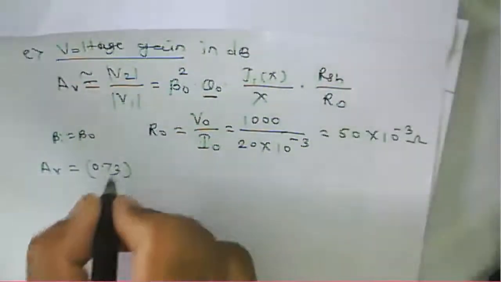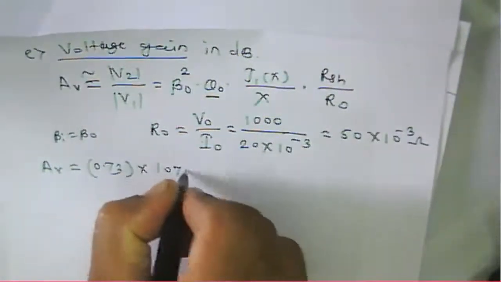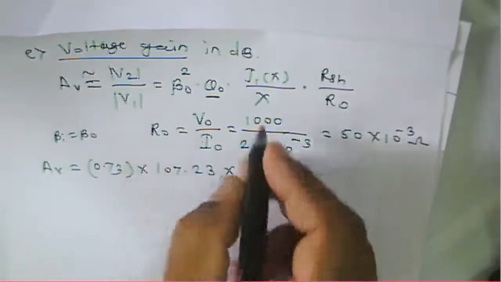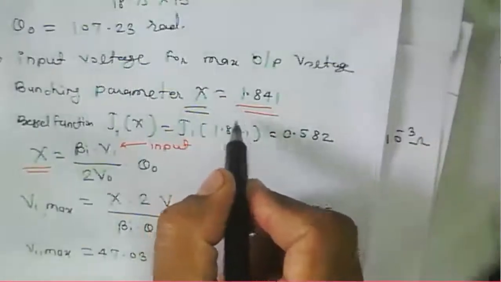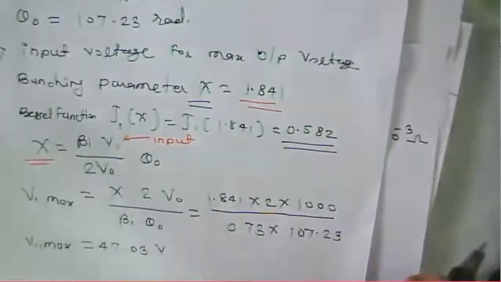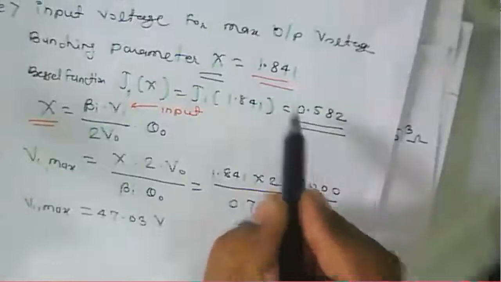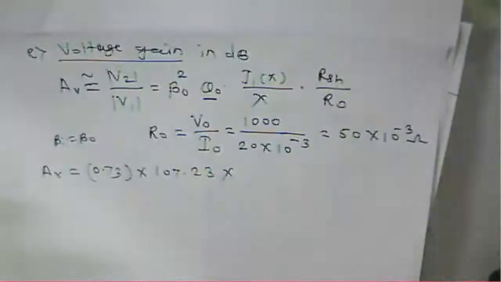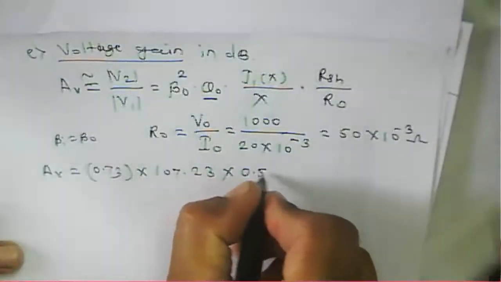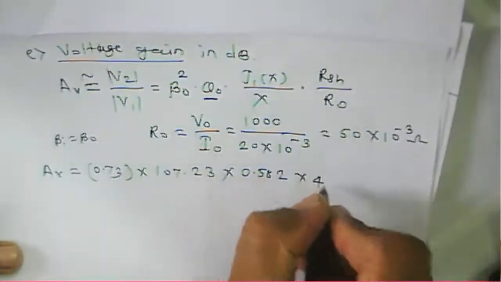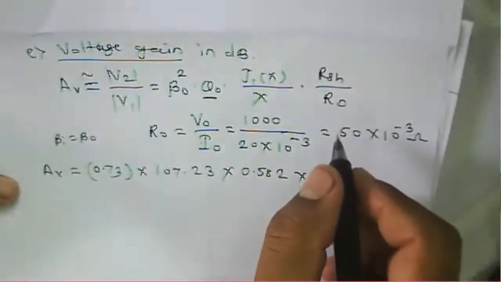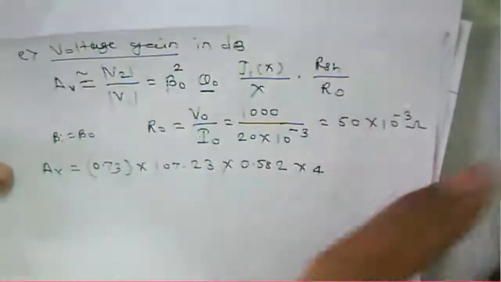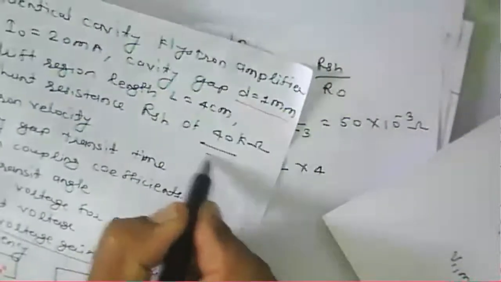So 0.73 into theta 0, which is 107.23, into J1 of x. At x equal to 1.841, J1 of x is 0.582, into whatever the value of R_sh is. R_sh is given as 40 kilo ohm.